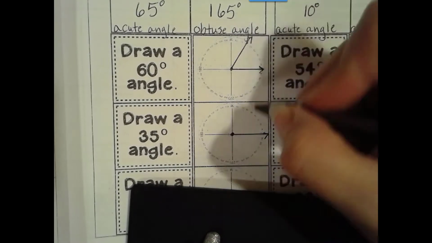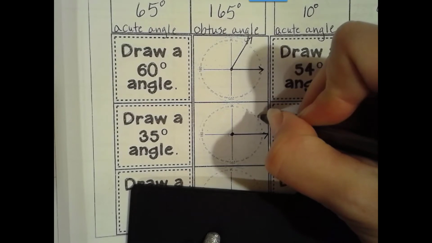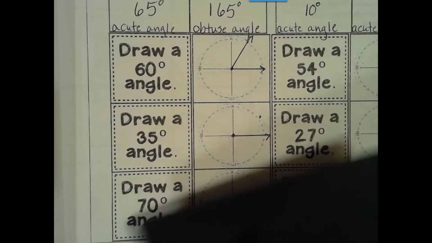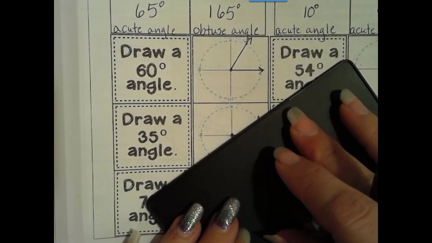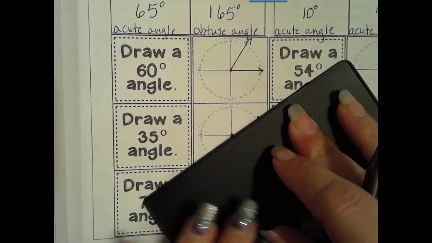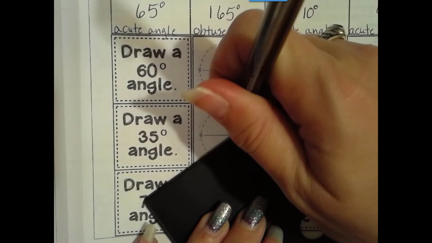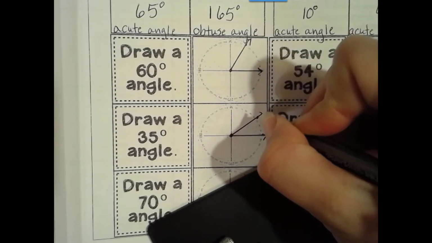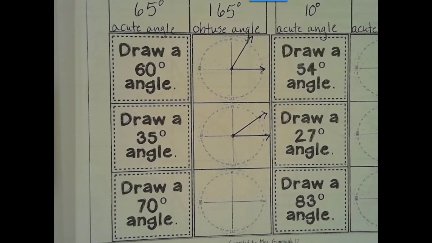So halfway between 30 and 40 is about here. Okay, then we line up those two dots. Connect them. Put our other arrow because it is a ray.